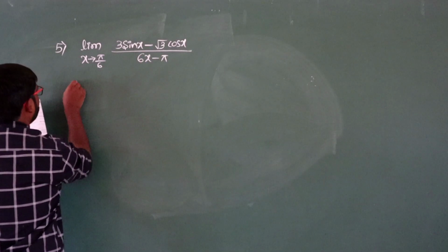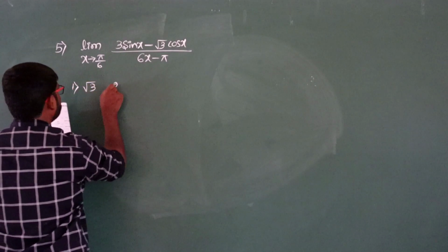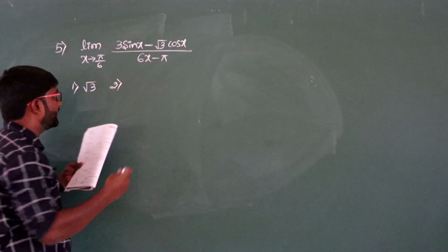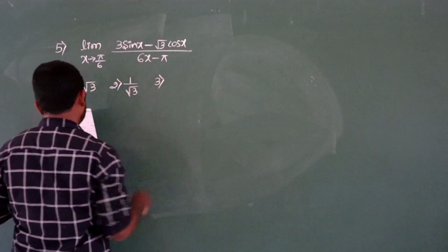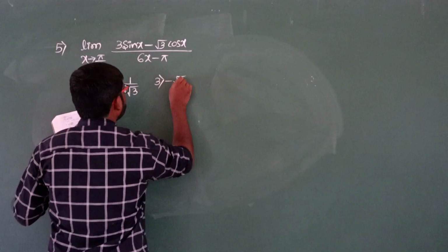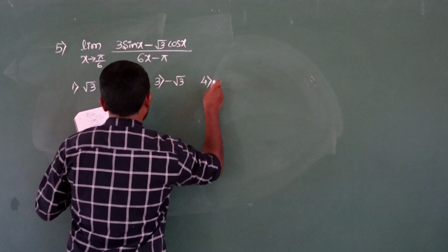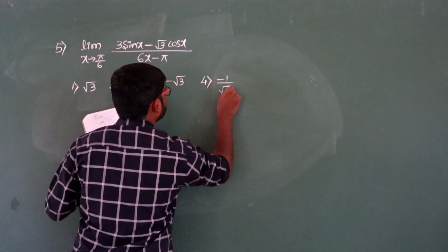And the four options are root 3, then the option 2, it is 1 by root 3. Then the option 3, it is minus root 3. Then the option 4, it is minus 1 by root 3.